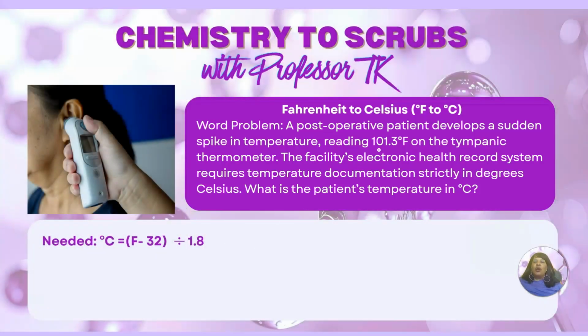So what they told you was the patient had a reading of 101.3 degrees Fahrenheit. So what we're going to do is take the degrees Celsius and say that's equal to 101.3 degrees Fahrenheit minus 32. And then you're going to divide that by 1.8. So let's go ahead and grab our calculator.